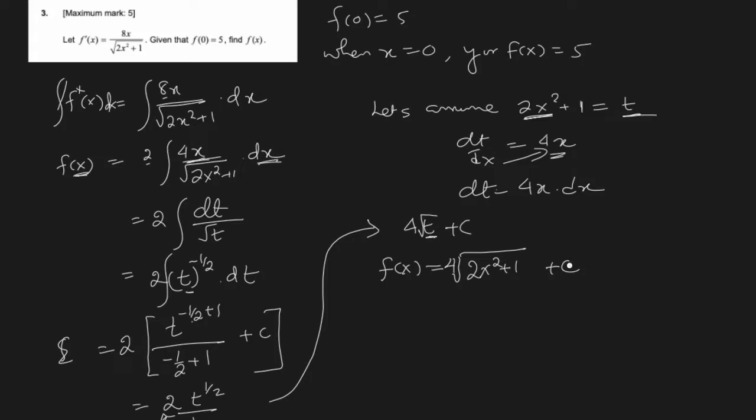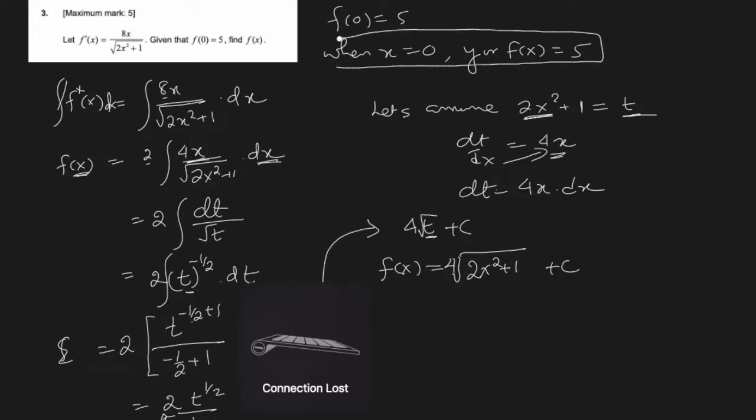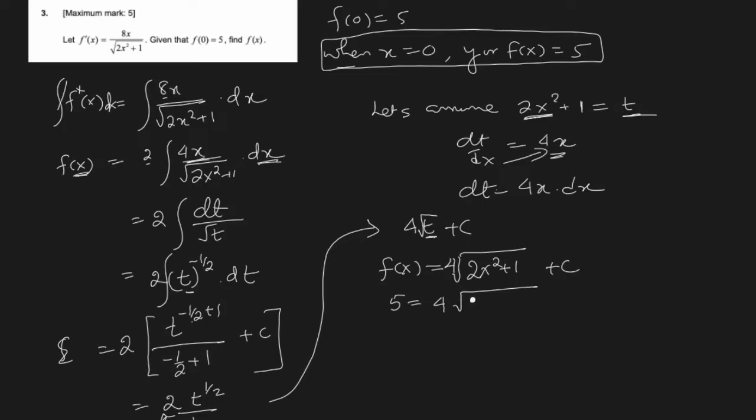However, without finding the value of c, it is not complete. So this fact will help us to find c. f(x) is 5 when x is 0. So 4 square root 2 times 0 plus 1, plus c.